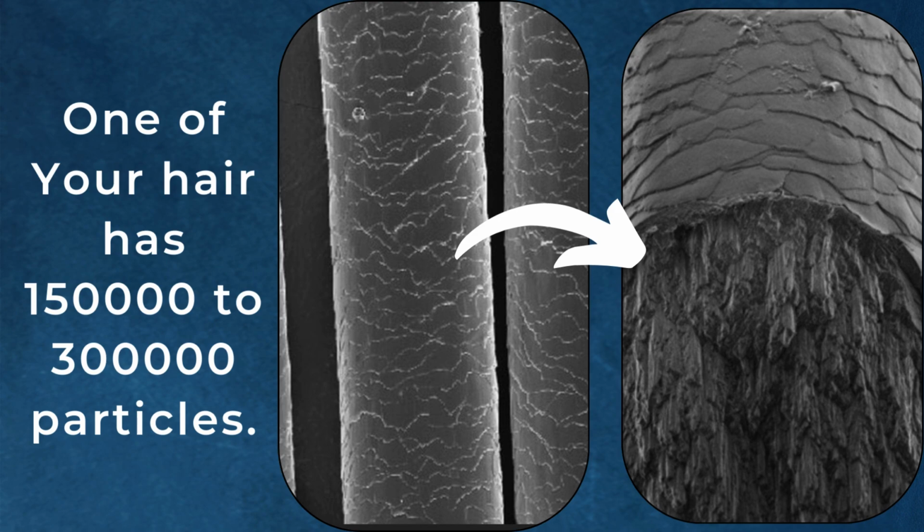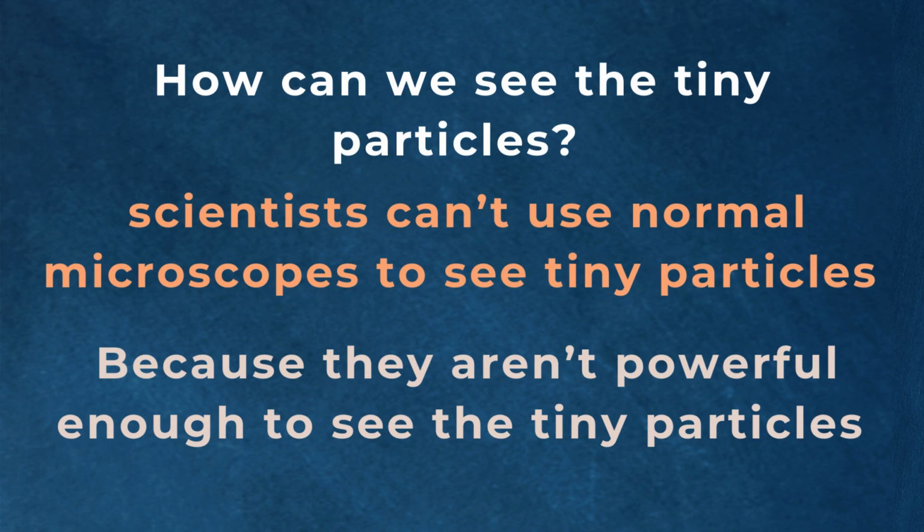So how can we see these tiny particles? Scientists can't use a normal microscope to see tiny particles. For example, we can't see the particles of one hair by using the normal microscope.